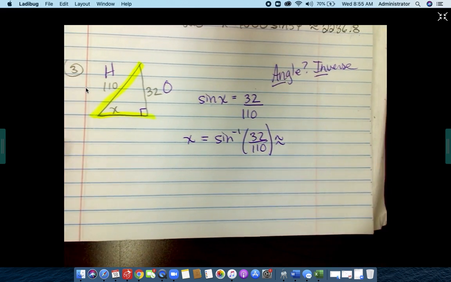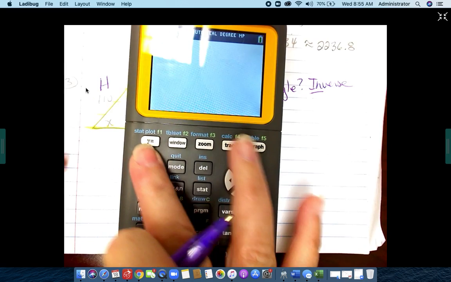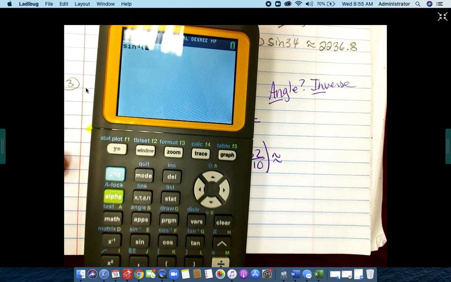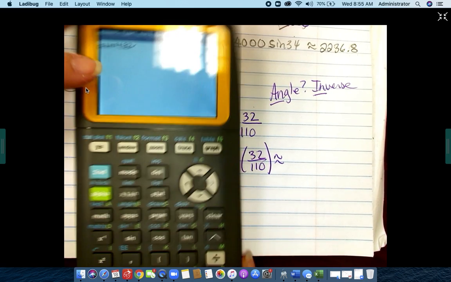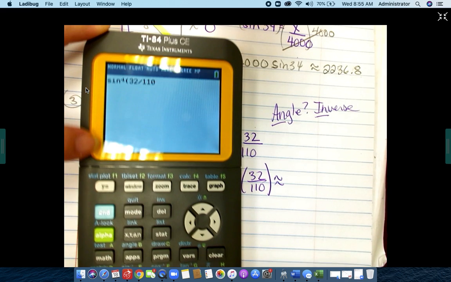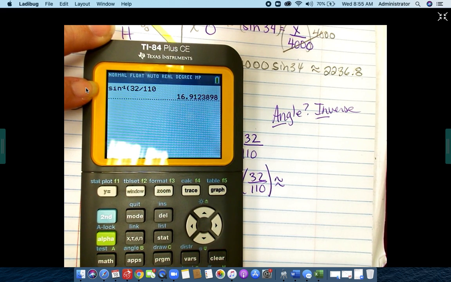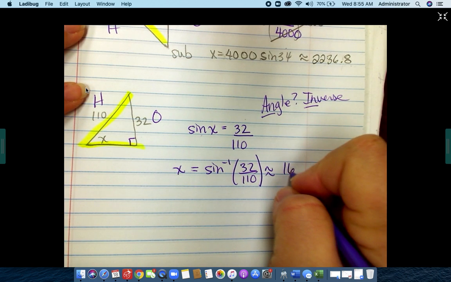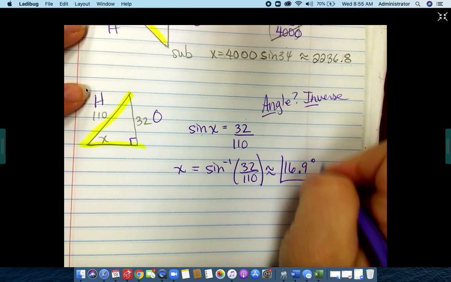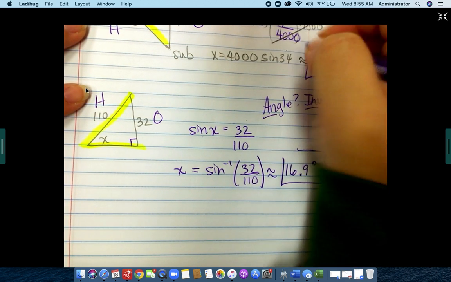And what is that approximately? So if we hit second sine, 32 over 110, whether we're using these calculators or the one on our phone, we'll get the same answer. And that's about 16.9 degrees this time. 16.9 degrees.